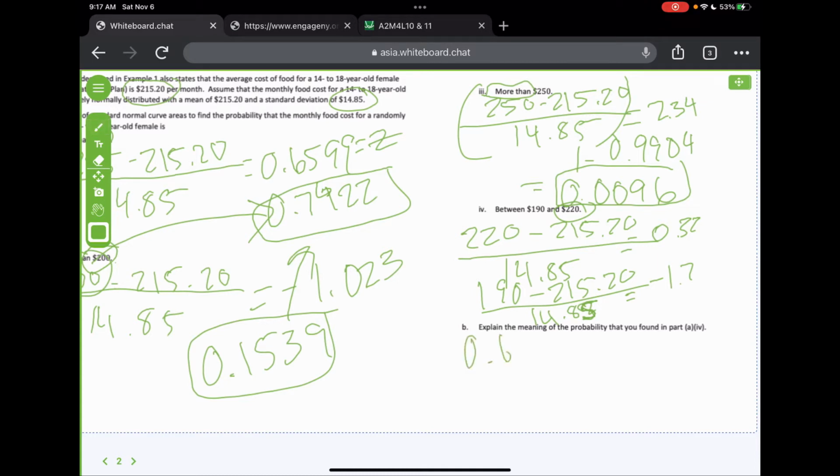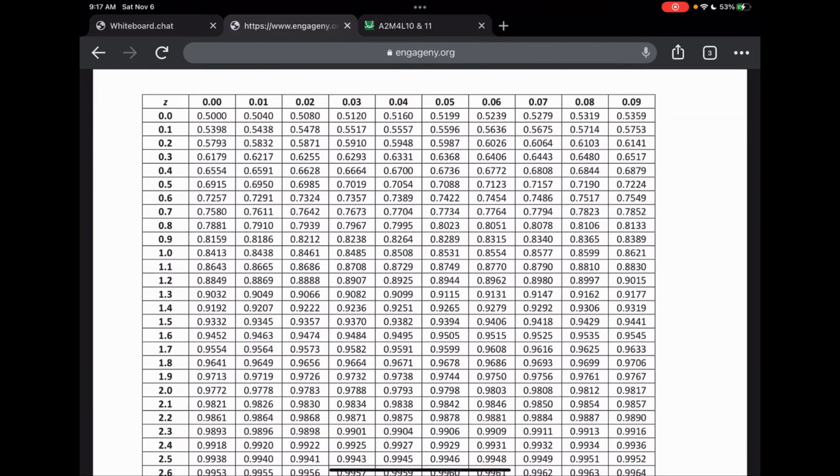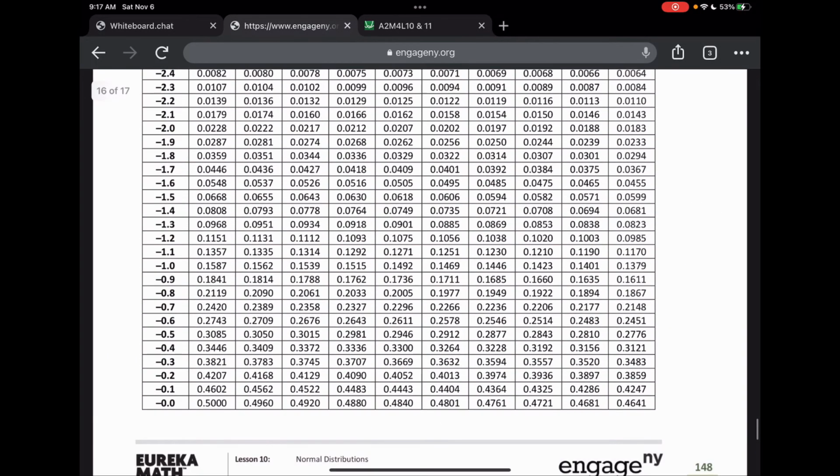Now we're going to subtract negative 1.7. So let's go up here to negative 1.7. We'll write all that out. 0.446.